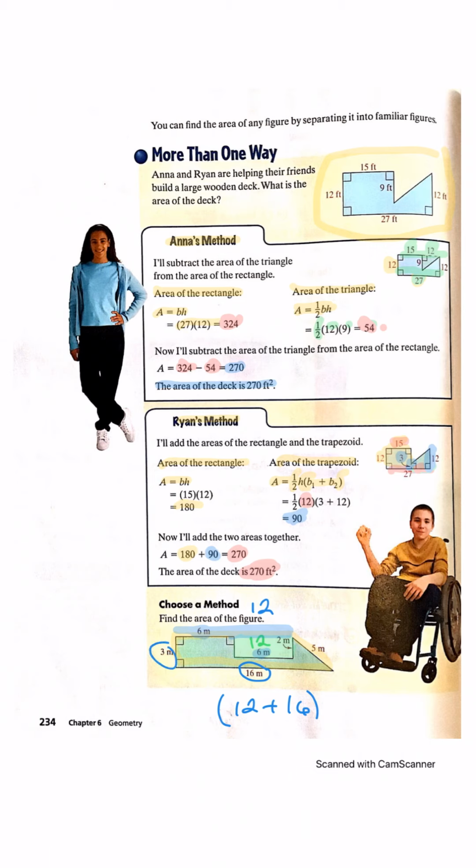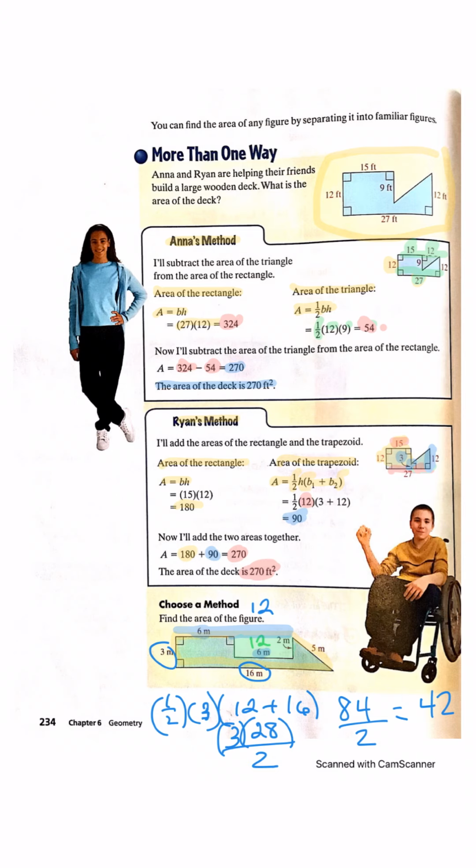Multiply that by the height, and then multiply that by 1/2. So 16 plus 12 equals 28. And we're going to multiply that by 3 equals 84, divided by 2 equals 42.